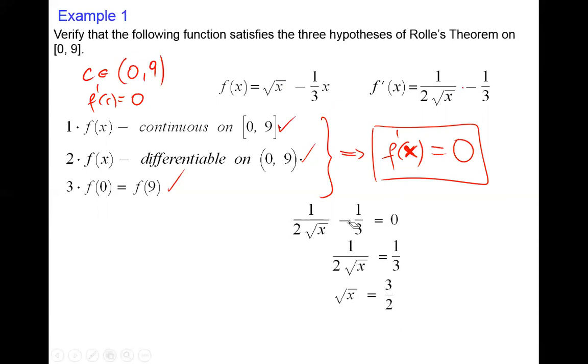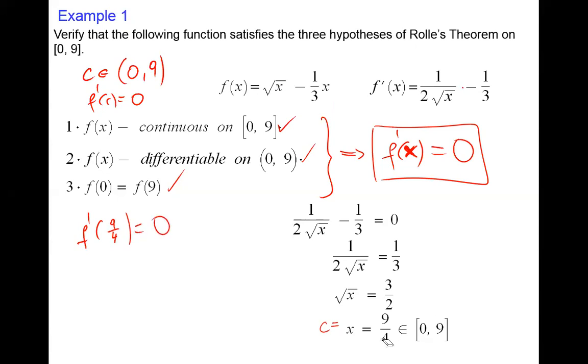Now I will square both sides. Squaring both sides, I have x on the left and 9/4 on the right-hand side. And 9/4 is definitely a number between 0 and 9. As we can see, that's my magic number, c. And the derivative at 9/4 is definitely 0.